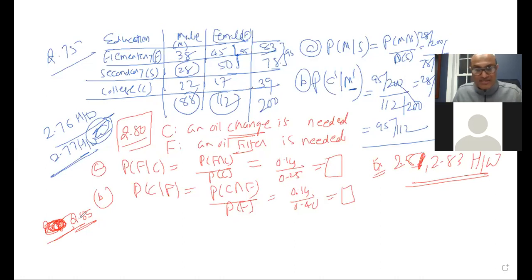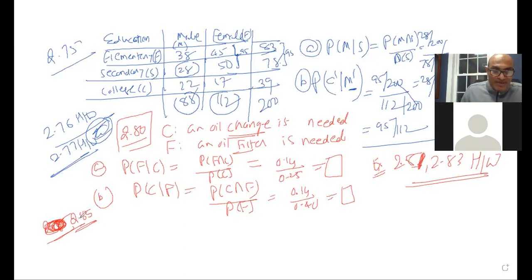I repeat, example 2.85. The probability that a doctor correctly diagnoses a particular illness is 0.7. Doctor is good in that case. Given that the doctor makes an incorrect diagnosis, the probability that the patient files a lawsuit is 0.9. What is the probability that the doctor makes an incorrect diagnosis and the patient sues?